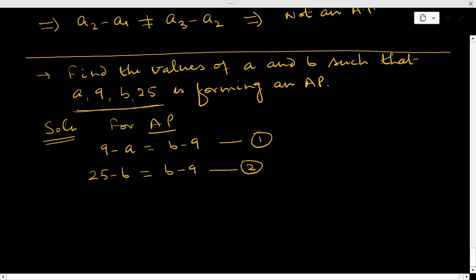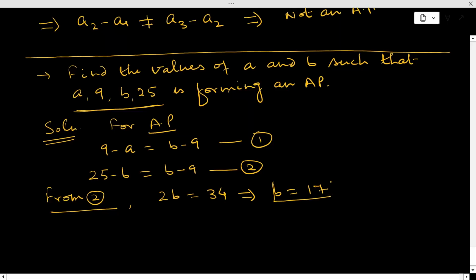This is our equation 2. From equation 2, if you rearrange the terms, you will get 2B is equal to 34. This implies B is 17. So B comes out as 17.